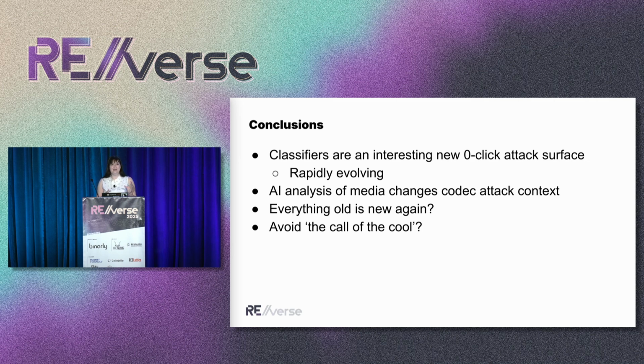And I think as this happens, it's going to kind of change the context of file decoding. And I think it's likely that a lot of these codecs are going to get back into the remote attack surface again, as these features are so new and so exciting that they end up getting put into messengers. The other thing I would say I learned is maybe everything old is new again.